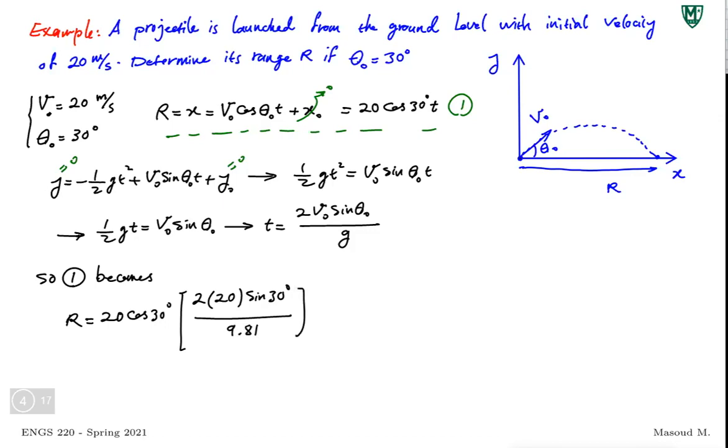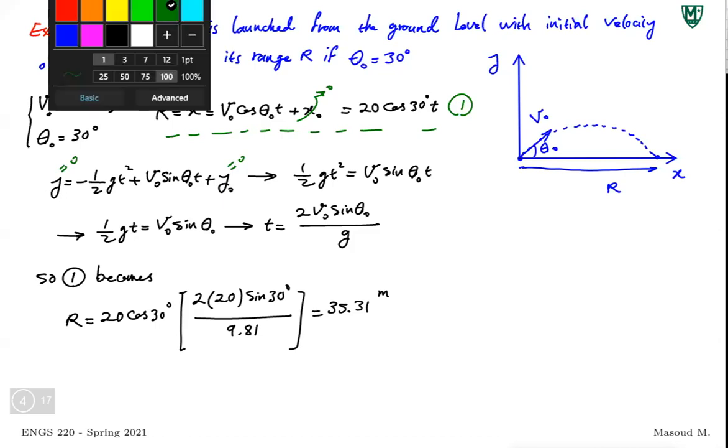Just feel free to take g as 9.81 pretty much always. All right, so you do the math and you'll find the range. If everything went right here, we should have 35.31 meters.